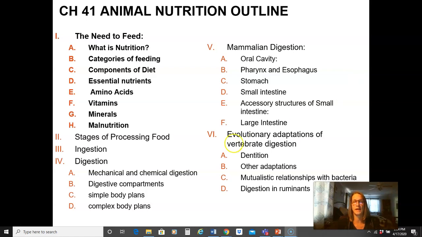And finally we'll talk about evolutionary adaptations of vertebrate digestion. So I think there's 4 PowerPoints probably that you'll have to watch. Okay, but first we're going to start out up here, the need to feed.